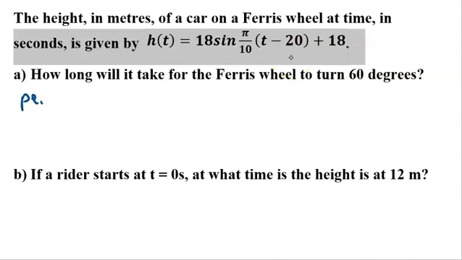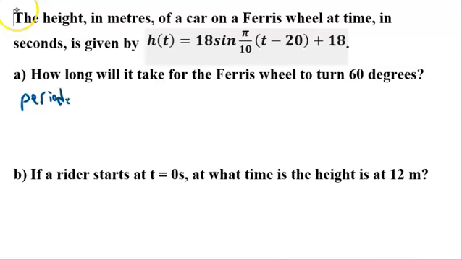And the period, we have an equation: period equals 2 pi over b, and b is this number in front. If we factor this out, the pi over 10 is our b, so the period is 2 pi over pi divided by 10, and our pi's cancel out, that's nice.